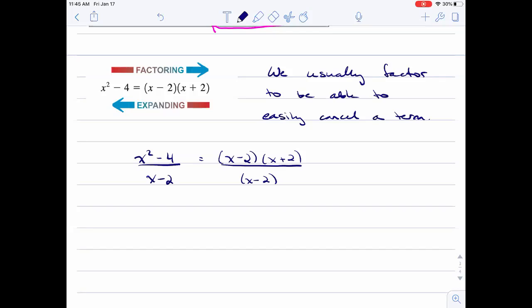Now if I treat this as one thing and this as one thing, I'm doing a times b over a, because this one is the same as this one. Now I'm allowed to cancel this because I'm multiplying up here. And all of a sudden, it looks very reasonable.